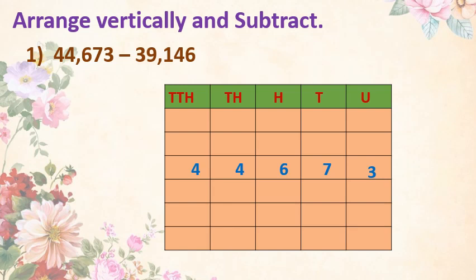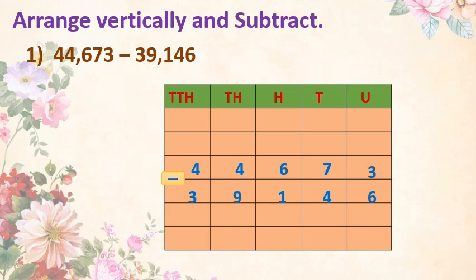Okay. Now the second number is 39,146. So 6 we will write in unit place and 4 in the tens place, 1 in hundreds place, 9 in thousands place and 3 in 10,000s place. Okay, we will put minus sign here. Now we will begin our sum.